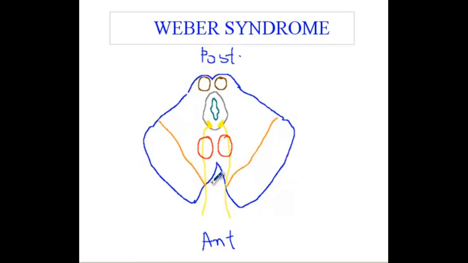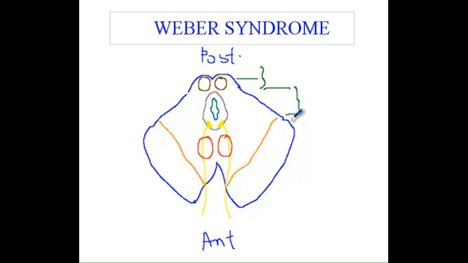If you look at the axial section of the midbrain, let's review some of the structures. This part up here is the tectum. Between this structure and this one is the tegmentum.